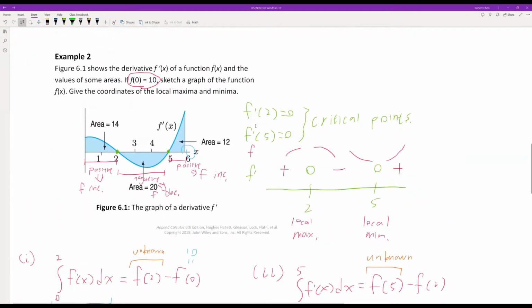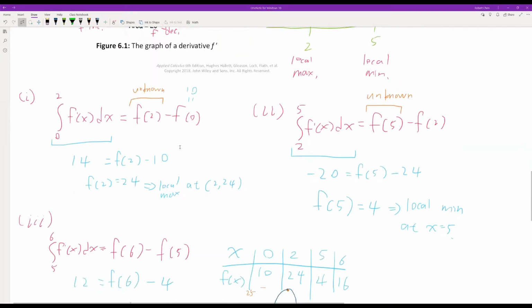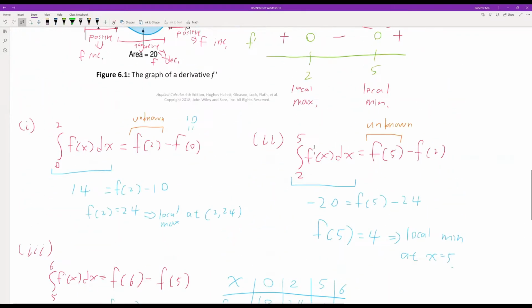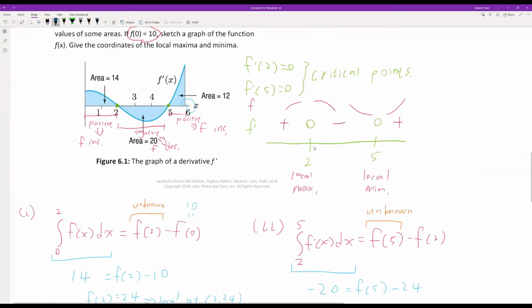for this question, right? Given the graph of f prime, this is how we can find the graph of f. So first, you want to find out any possible critical points by identifying the zeros of f prime.